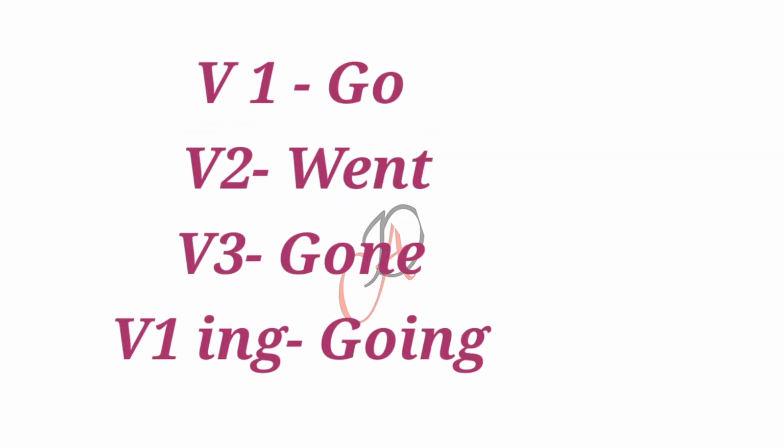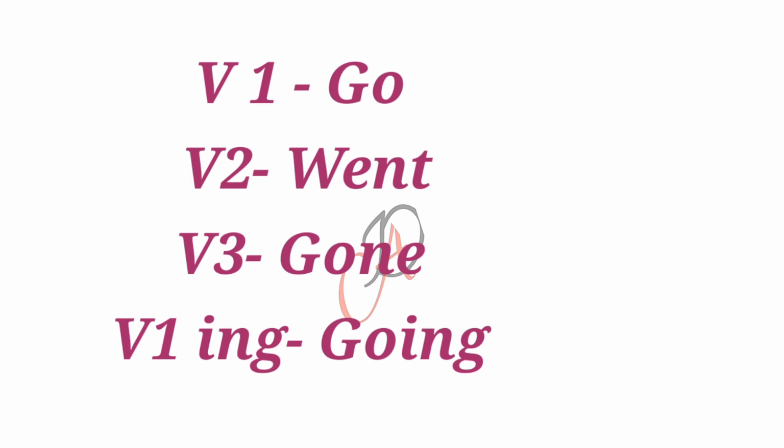Go is the base form of the verb and it is in present tense and always takes the V1 form. The V2 form, that is the past tense form of go, is went. The past participle form of go, that is V3, is gone. And the last one, the present participle form of go, that is V1 ing, is going.